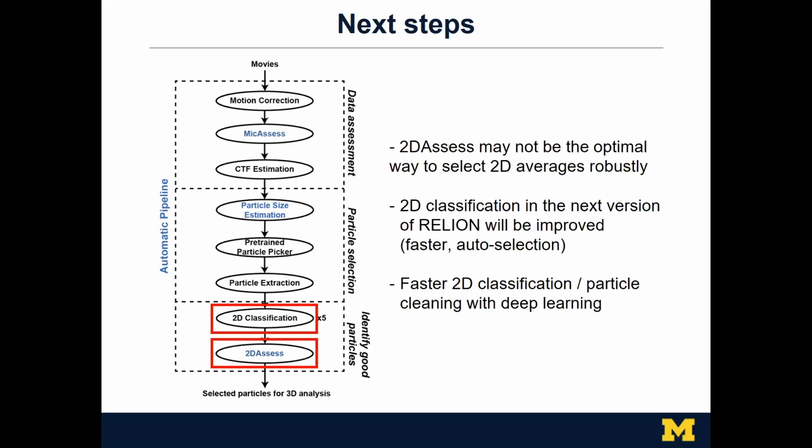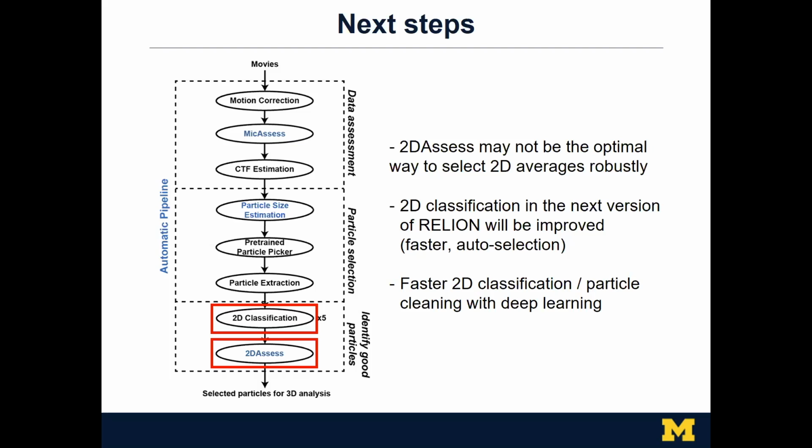Also, in the new version of RELION, which is not released yet, they said there'll be a big update in 2D classification so that the algorithm will be faster, and it will also output a parameter to assess the quality of 2D class averages for auto selection.